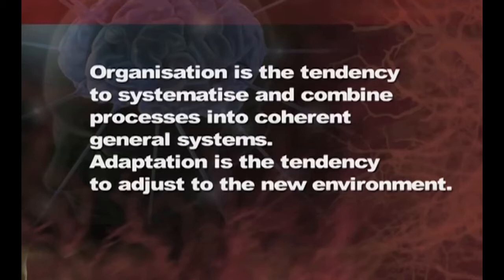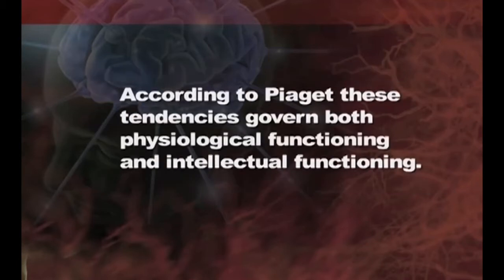Organization is the tendency to systematize and combine processes into coherent general systems. Adaptation is the tendency to adjust to the new environment. According to Piaget, these tendencies govern both physiological functioning and intellectual functioning.